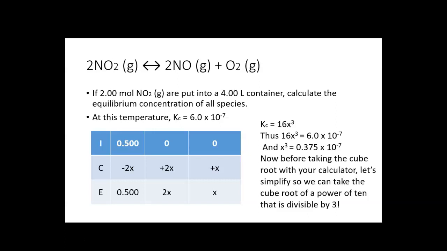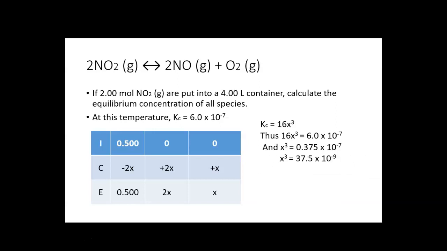Before we take the cube root of that number with your calculator, let's understand that it really makes sense to simplify here. We can easily take the cube root of a power of 10 if it's divisible by 3. So let's change that exponentiated number and, of course, the number ahead of it. We are going to make the 0.375 100 times bigger. And, of course, we have to make the 10 to the negative 7th 100 times smaller.